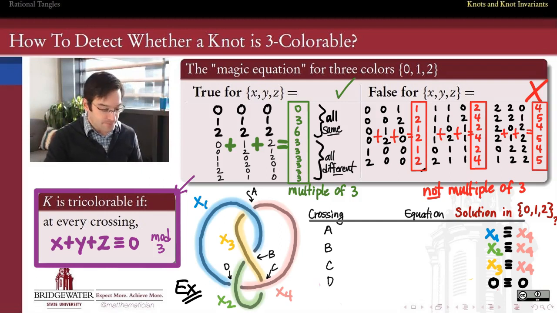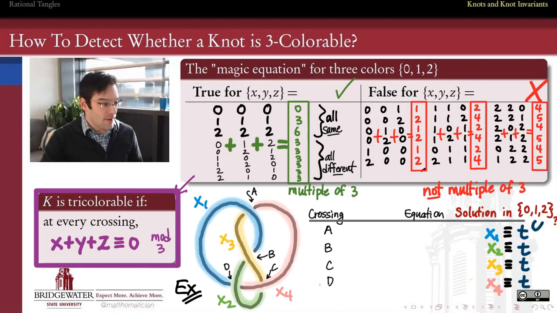And what we find out is that as soon as you choose for me an x4, in other words, choose how to color this arc that I've labeled with the peach coloring here, as soon as I decide how to color this arc, then the only way to get another solution which meets tricolorability conditions is to color the first arc that same color, the second arc that same color, and color the third arc that same color. So we have a solution, but the solution requires us to, once we choose a color for arc number 4, to color arcs 1, 2, and 3 all that same color.